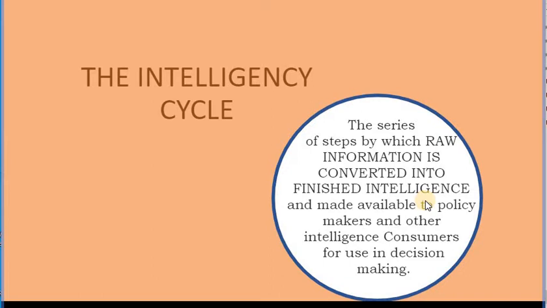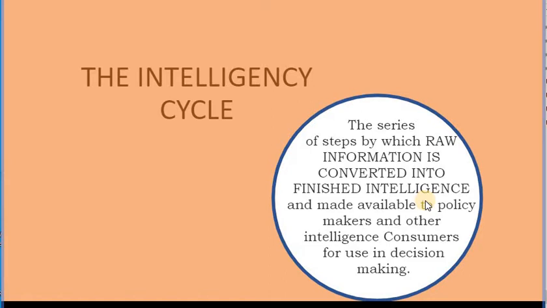The question is, how do we come up with what we call intelligence? That is where the intelligence cycle comes in. In order for us to have intelligence, we have a step-by-step procedure. It is the product of the process. What is that process?